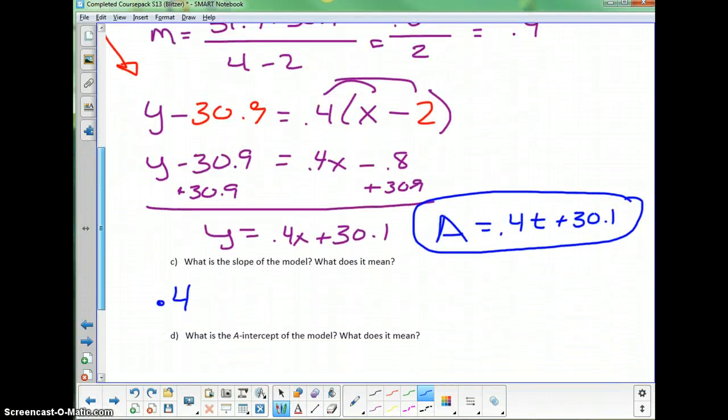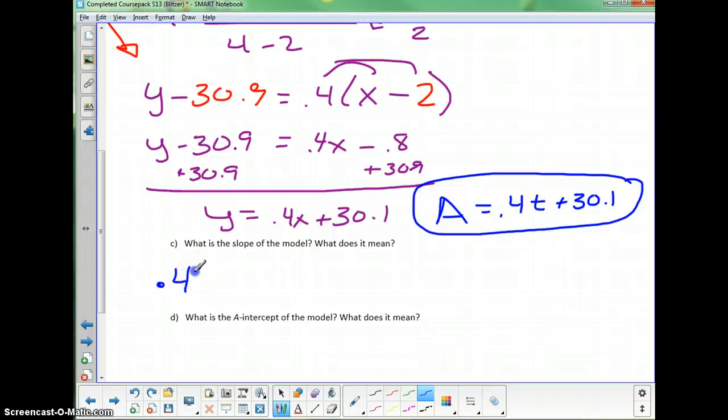Okay, so we increase by 0.4 hours per week each year. So what we're saying here is 0.4 hours per week of an increase in television time each year since 2000.